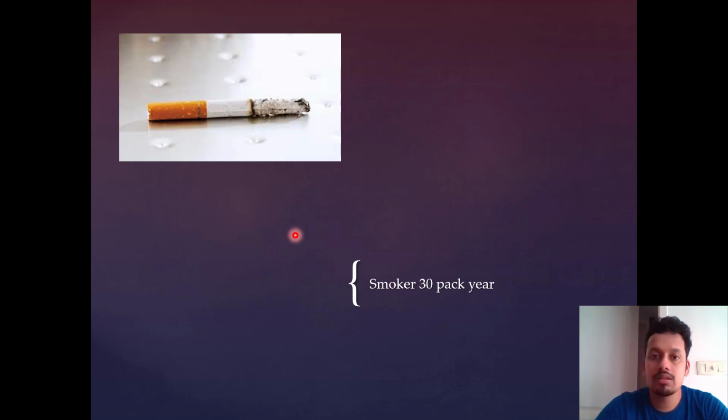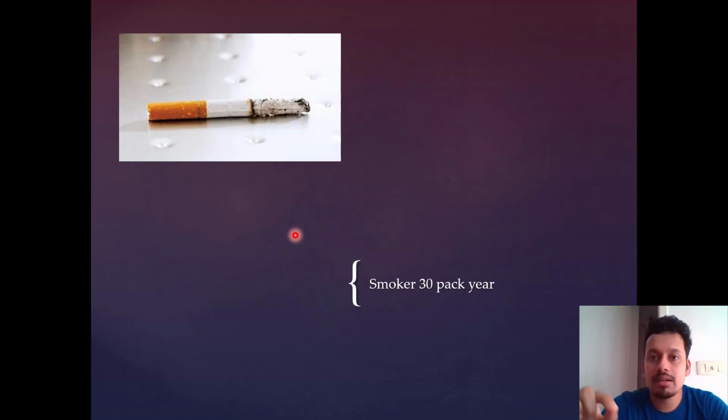Next, there are 2 case scenarios which I think would be easier if they are taken together. Those are RBILD, that is respiratory bronchiolitis interstitial lung disease, and desquamative interstitial pneumonitis.